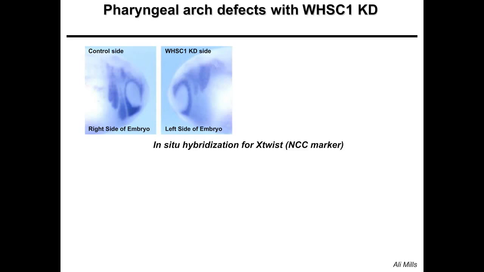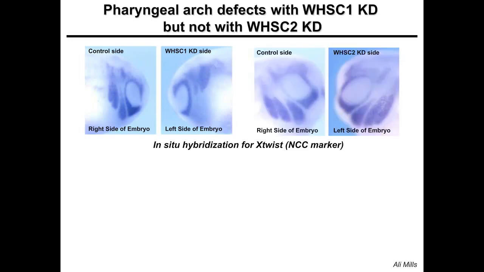And one of the wonderful benefits of using Xenopus laevis is you can knock down just one side of the embryo, so you have this internal control for normal migration patterns. And so it is very obvious that knocking down WHSC1 leads to a pharyngeal arch defect, but knocking down WHSC2 does not. So this shows that WHSC1 may play a larger role in the craniofacial defects that these patients show compared to WHSC2.